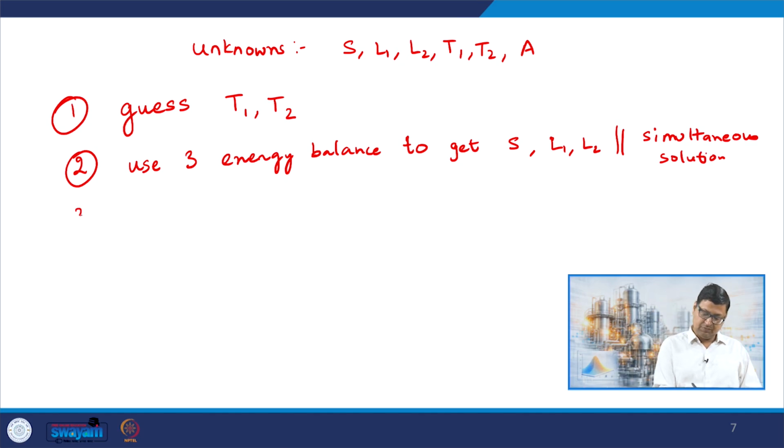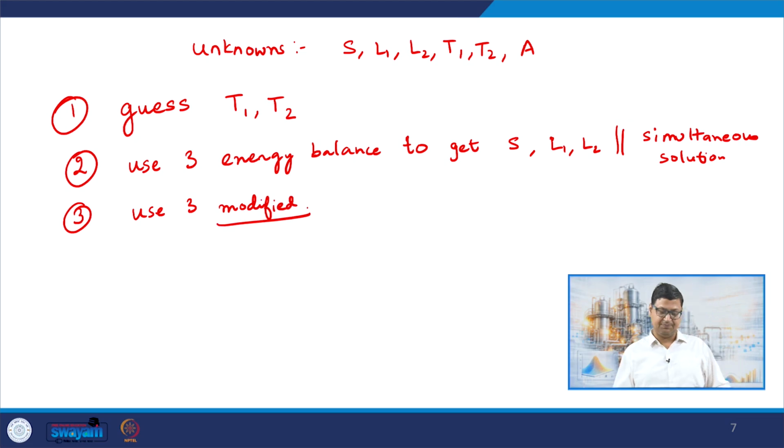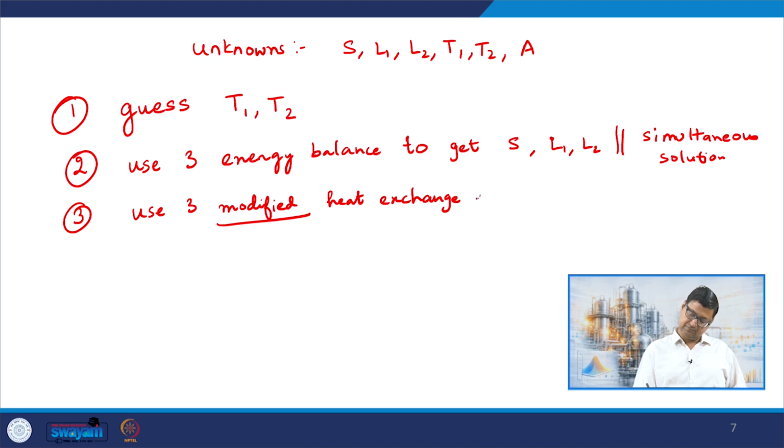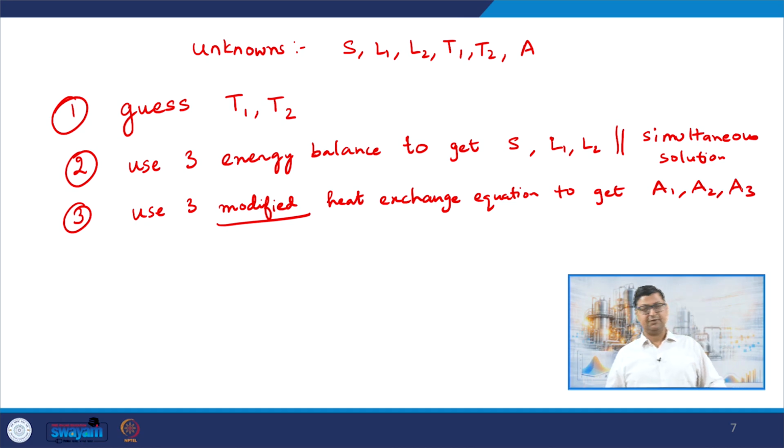And now use the three, I would say modified, because I have replaced A with A1, A2, A3, three modified heat exchange equations to get A1, A2 and A3, right?